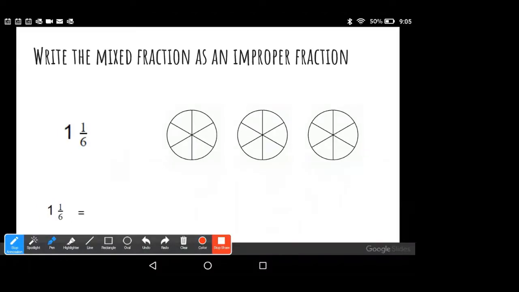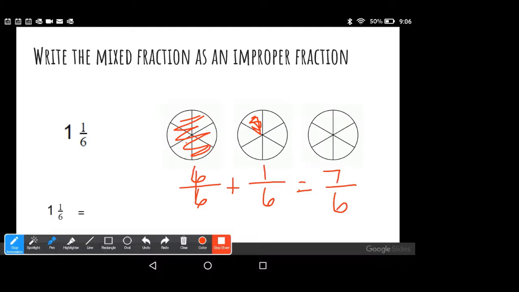So 1 means I'm going to color in a whole thing here, which means I get 6/6. And then I have 1 more 6th. So I have 1 and 1/6. But I also have 6/6 and 1/6, and if I add those together, I get 7/6.